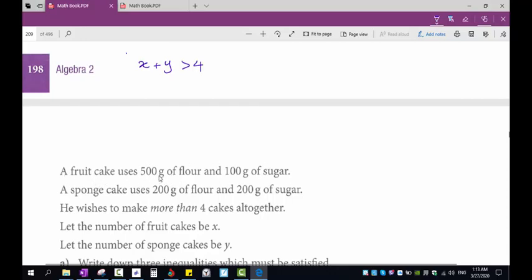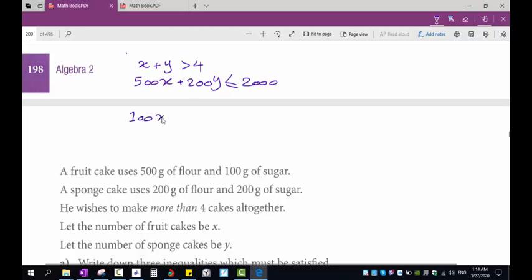The fruit cake needs 500 grams of flour, so 500x, plus 200 grams of flour needed for the sponge cake, 200y, and the total amount of flour available is 2000 grams. So the chef can use 2000 grams of flour or less, because he doesn't have more than 2000.